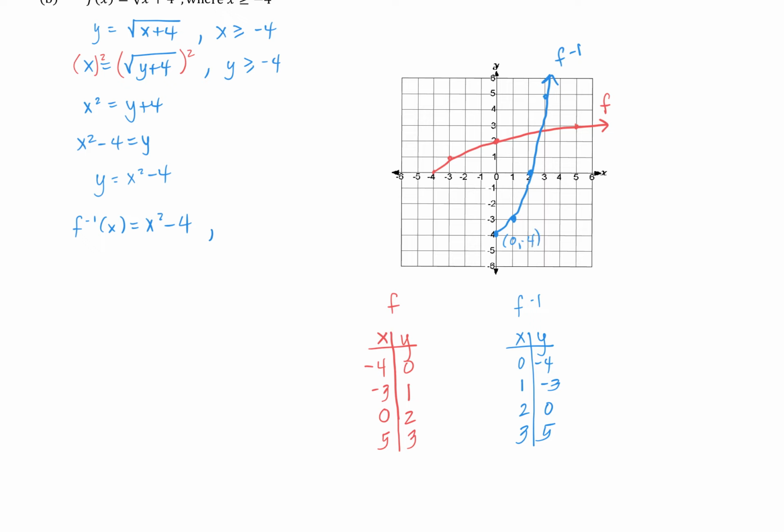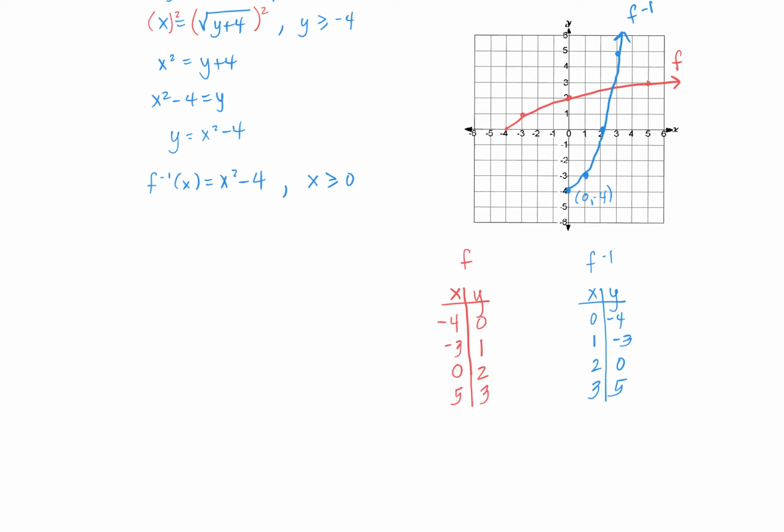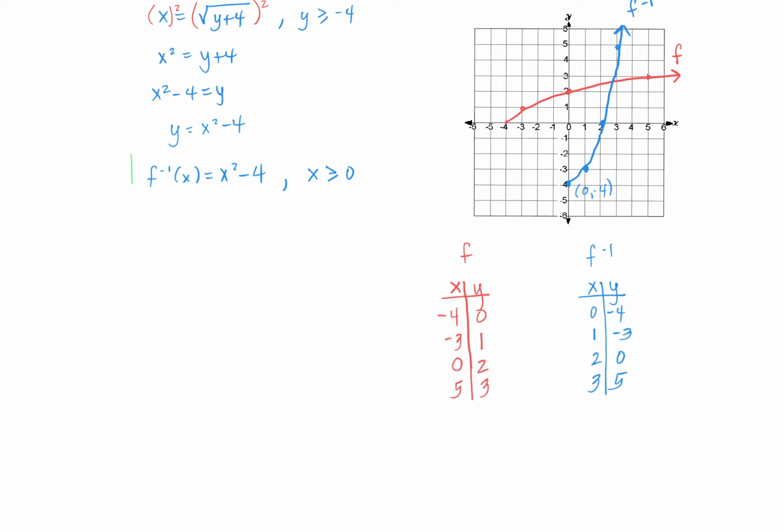And 0 is my smallest x value. The other x values are greater than or equal to 0. That is important, because without that, the inverse function becomes a full parabola, and it's no longer one-to-one, and in fact, it's no longer the inverse function.